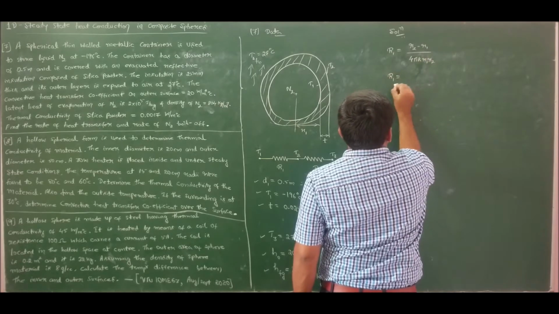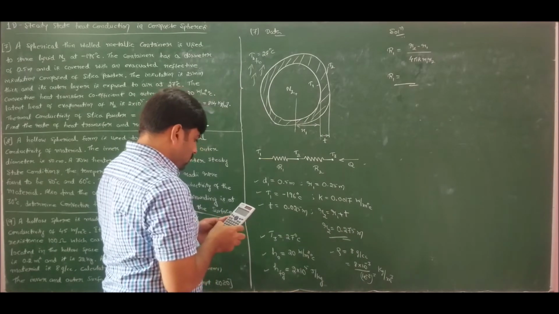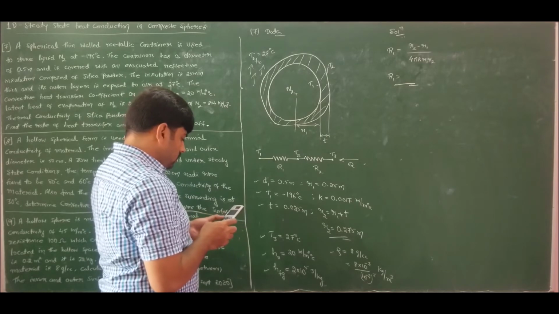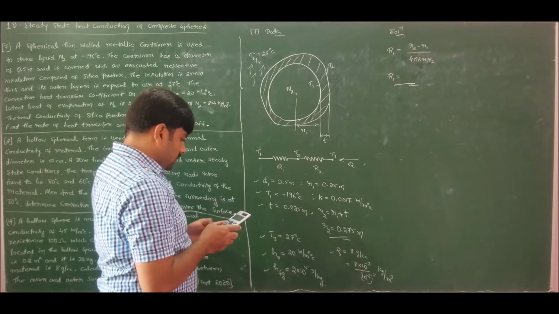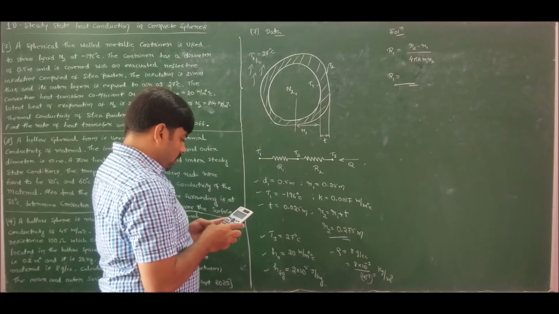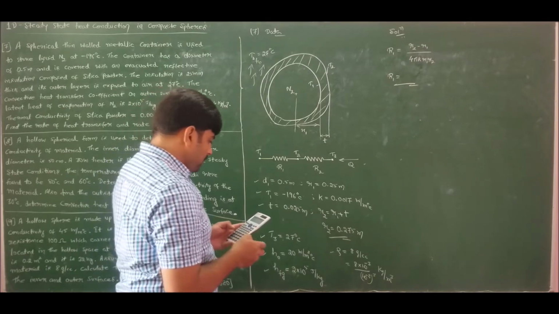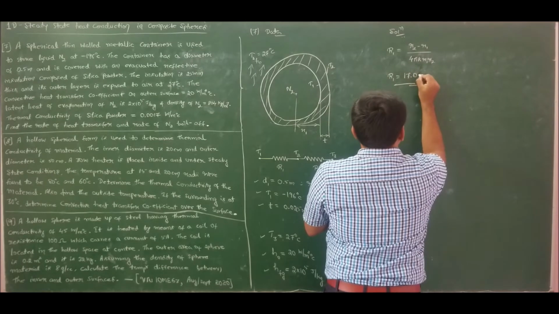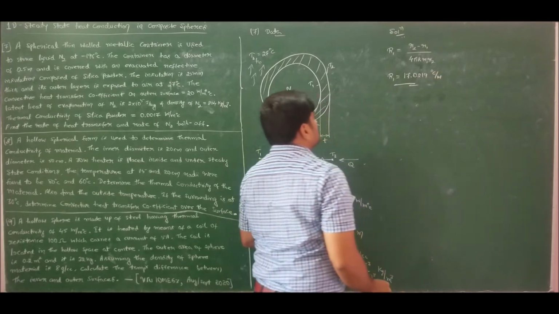So therefore, resistance R1 will be R2 is 0.275 minus R1 is 0.25 divided by 4 into pi into thermal conductivity 0.0017 into R1 is 0.25 into R2 is 0.275, which is turning out to be 17.0219 degrees Celsius per watt.